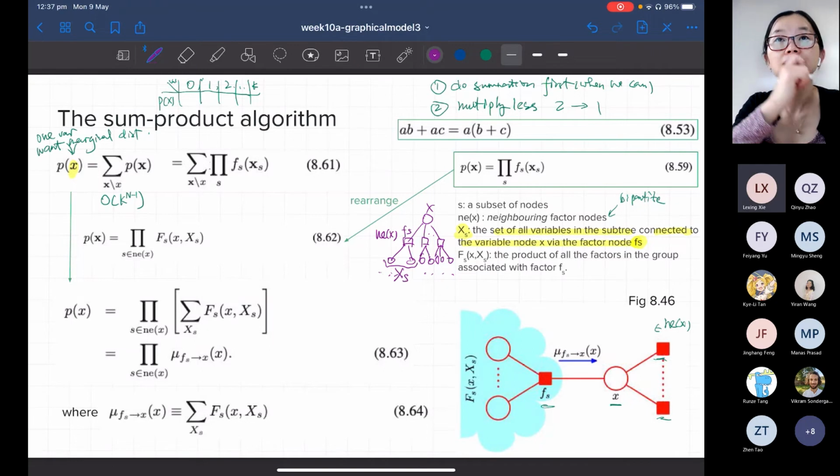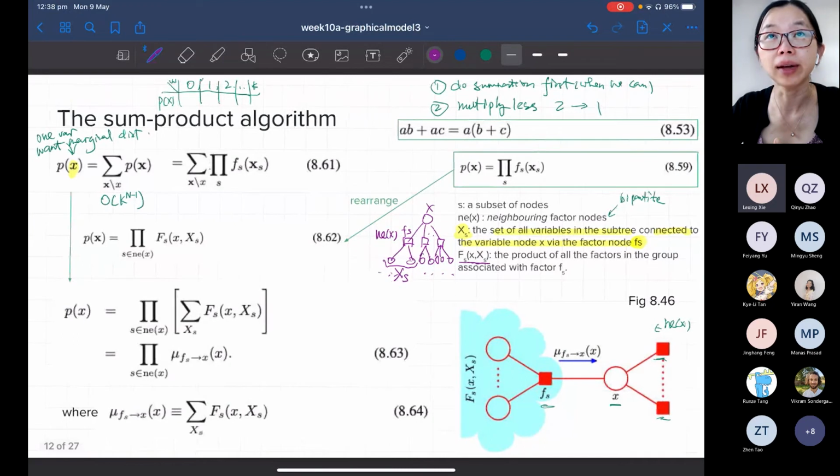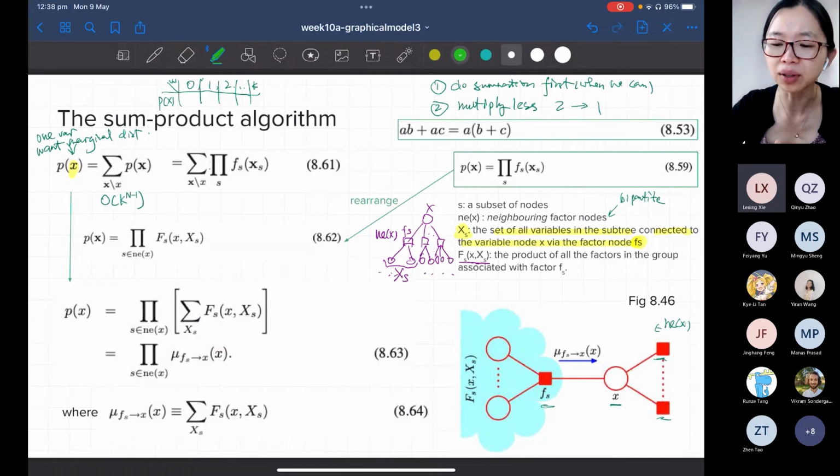All right, and finally, the final notation is this one. We've talked about the node, the factors, and the nodes connected to these factors. Now we need to talk about factors again as computation. Factors are functions. So big F of s, comma x, comma big X sub s, is the product of factors. I know this is a mouthful.